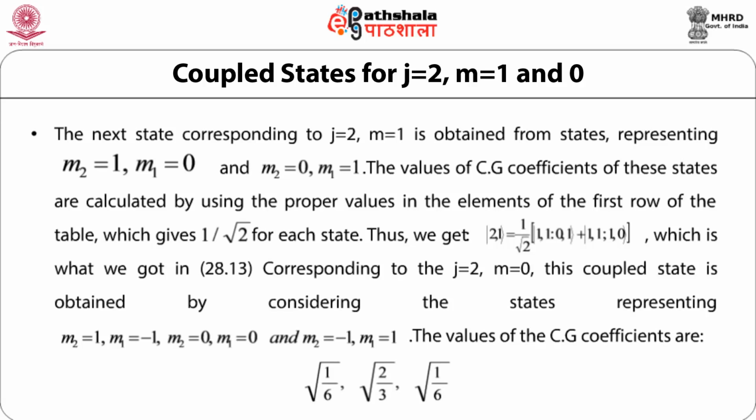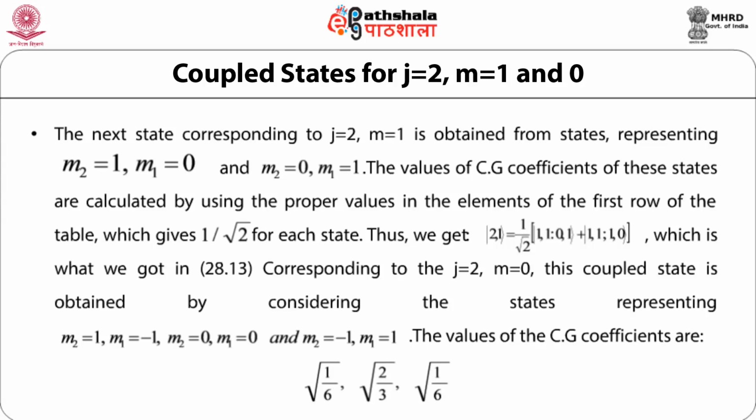And if we put in these values in that table, then we get the final value for the Clebsch-Gordon coefficient to be 1 by root 2 for each of the states that we have discussed, that is for m2 equal to 1 and m1 equal to 0. Also, the value comes out to be 1 by root 2 for the state m2 equal to 0 and m1 equal to 1.